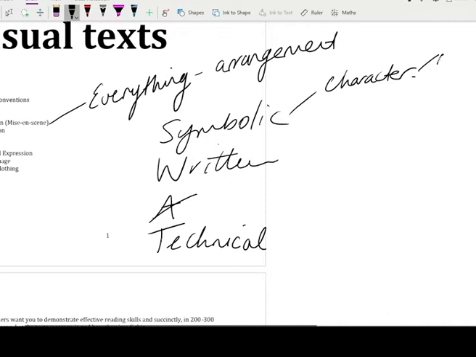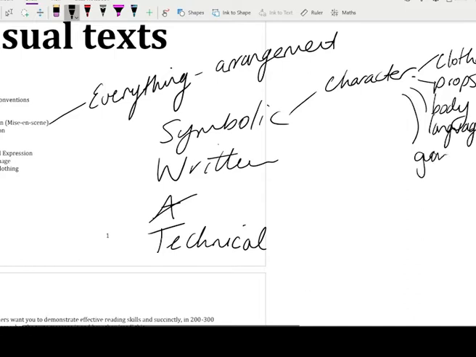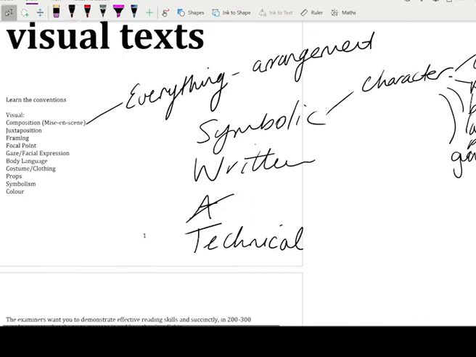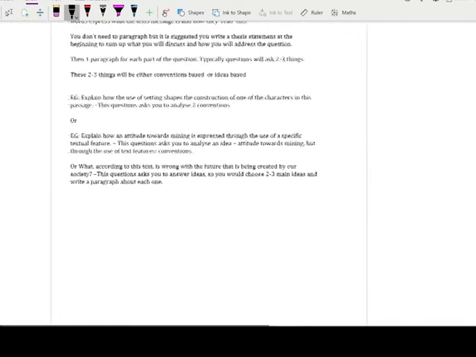So what they wear, what they carry, as in props, what their body language is, what their gaze is, posture, that comes out of body language, and so on and so forth. And then facial expression. So all of these things give us hints about what's going on in the image.